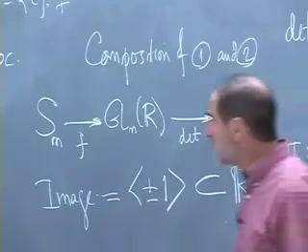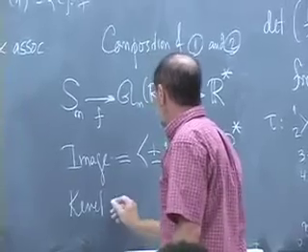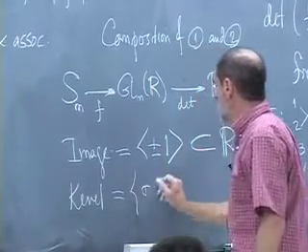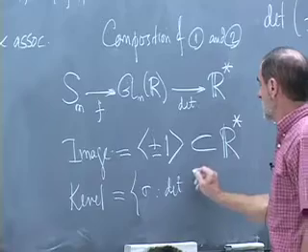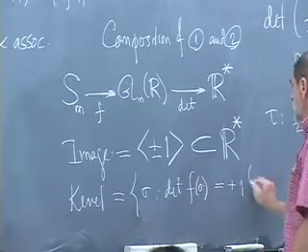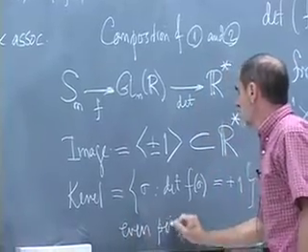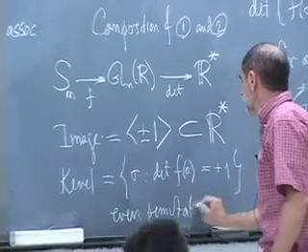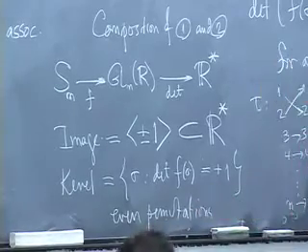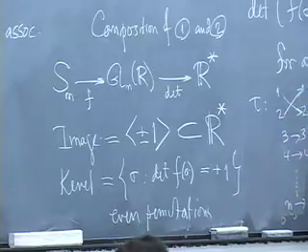And the kernel, now we have a kernel. See, the original map here had no kernel at all. But now we have a kernel which consists of the sigma such that the determinant of f of sigma is equal to plus 1. Those are sometimes called the even permutations. They're not everything, because tau is not an even permutation. This little transposition is not even.